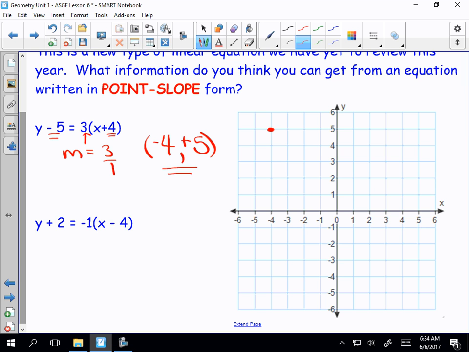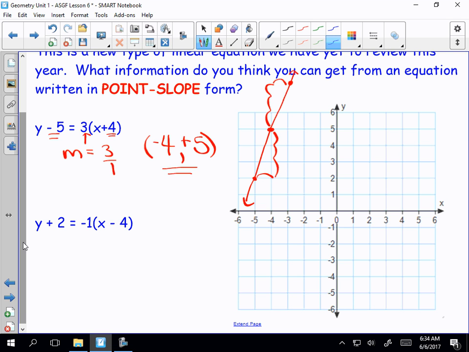Now notice, if we try to follow that through, we're kind of going off the graph here. So that makes it a little bit tough. So we have to remember we can follow the pattern backwards. Down 3, left 1. The negative negative also gives us a positive slope, and it gives us a better point to graph.